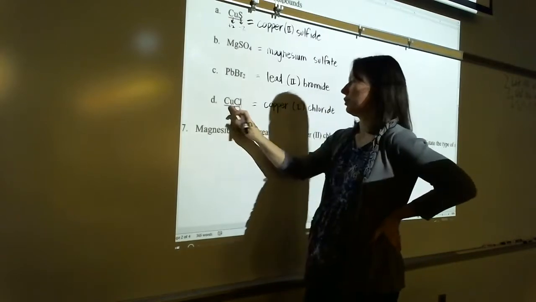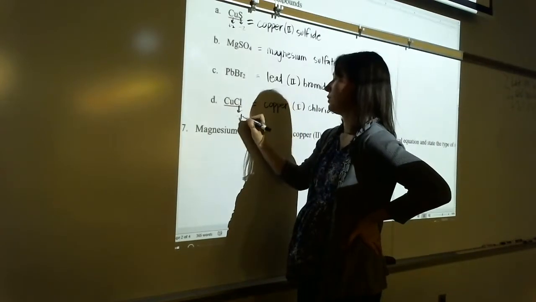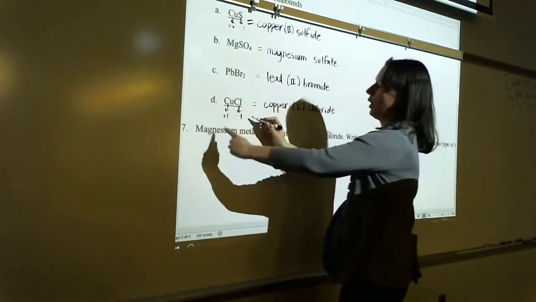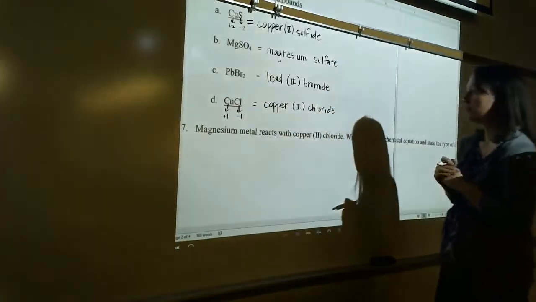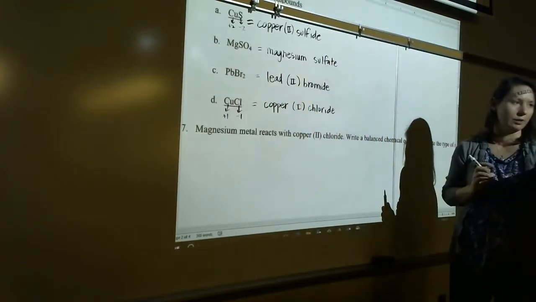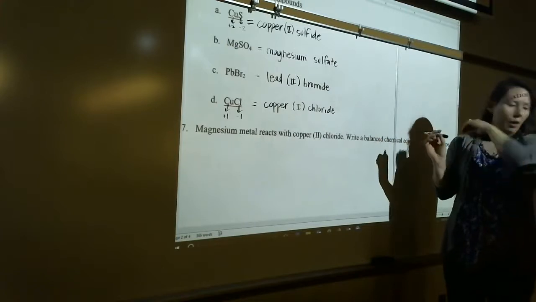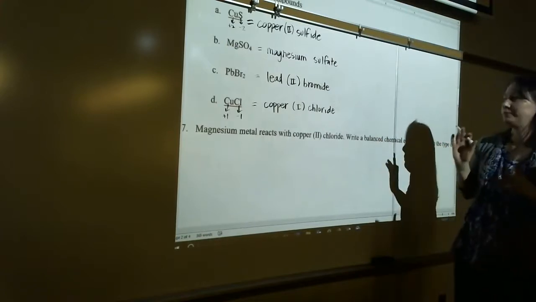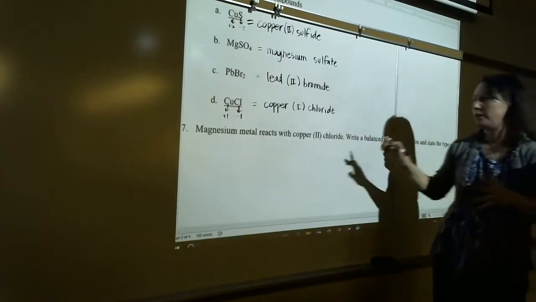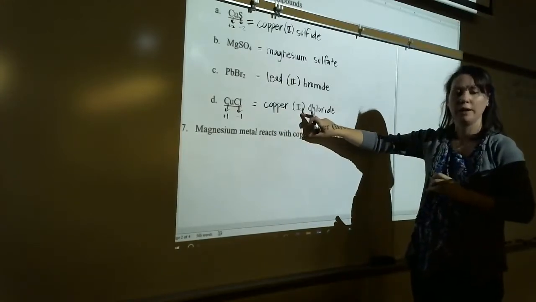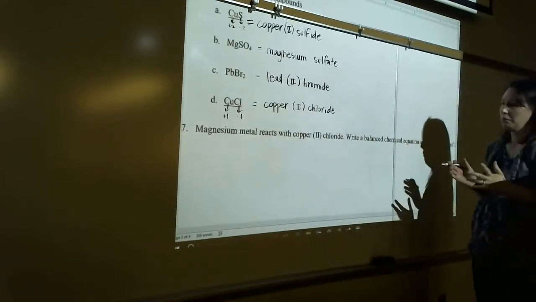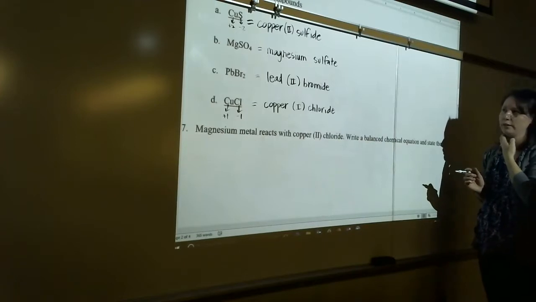Remember, copper's a transition metal, chloride's -1, this is a 1-to-1 ratio, so that means this must be +1. In other words, we're uncrisscrossing them. If you forgot that Roman numeral, I'd probably only take off half a point, if everything else is correct. If you got something else wrong, obviously you lose more points. But if all you did was say copper chloride instead of copper 1, I'd take off half a point for that. That's not a big problem. It's just a minor mistake.